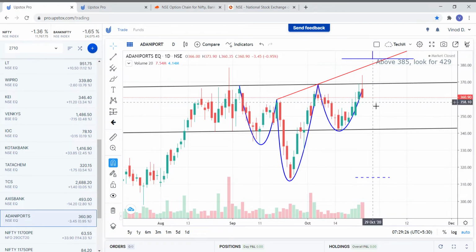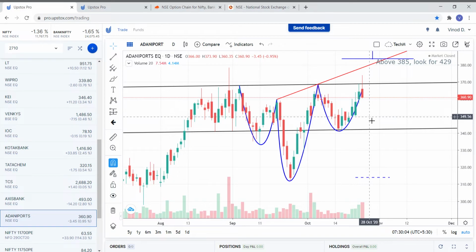The first trade setup is, if we find Adani Ports falling a bit and it starts to trade below 358, we can enter into a short for an intraday target of, let's say, 350 or 342. 350 is approximately the support level, based on some of the pivot and support and resistance levels that have been derived.